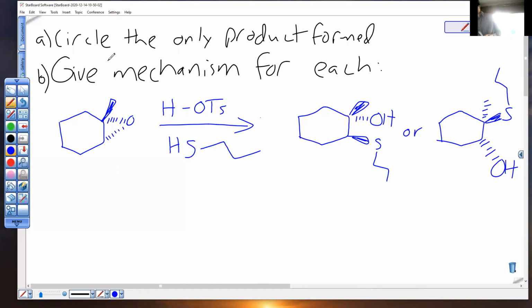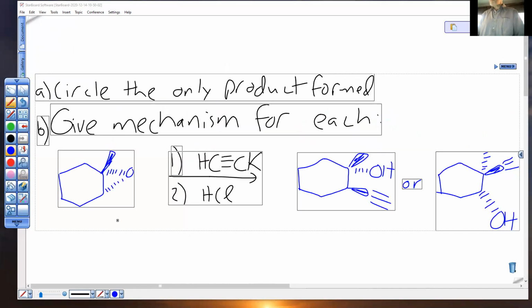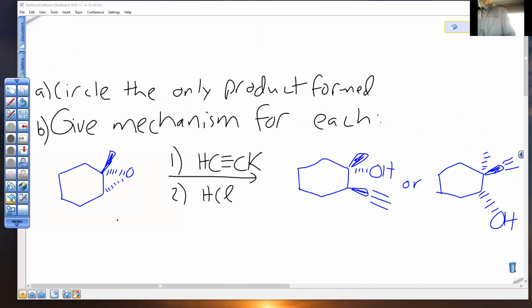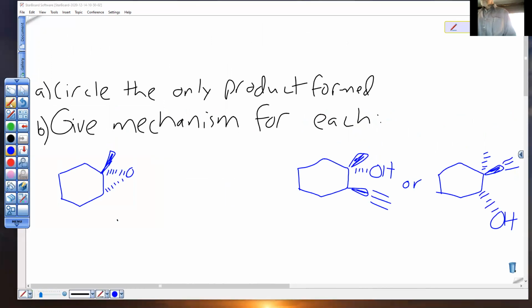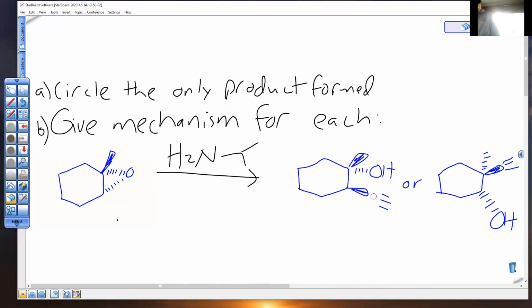Okay. And our finishing one, we got to finish strong. We'll just have one thing present down here. H2N isopropyl. We'll have NH isopropyl there and NH isopropyl here.